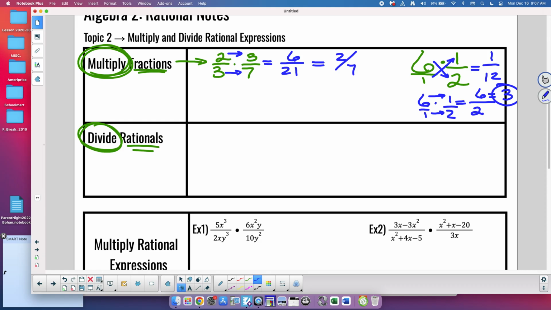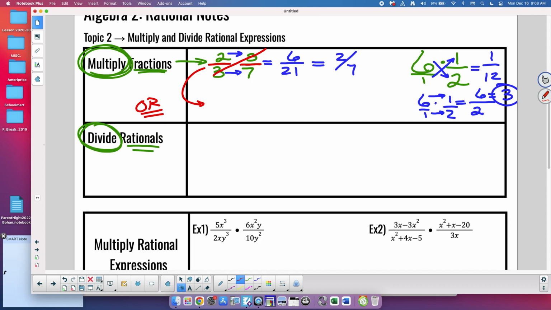Now hang on. Could I have got that answer so much faster? Yeah. How? Cancel them out. Yes, you guys. Or could I have just said, this is 2 times 3 on top over 3 times 7 on the bottom, but really, doesn't a 3 over a 3, if they're the same number, just cancel out?